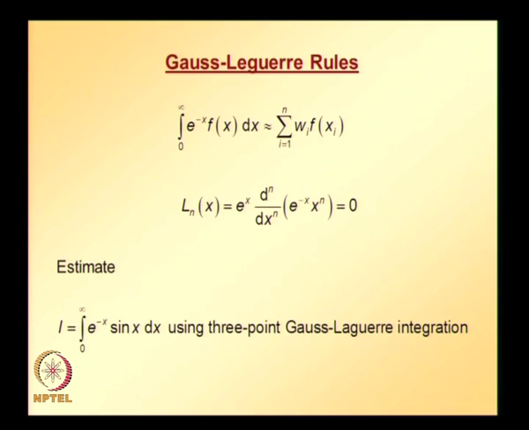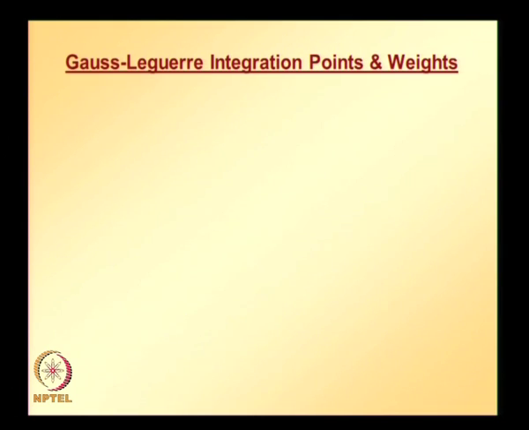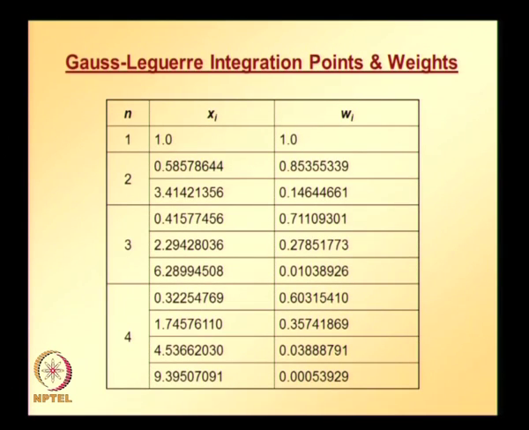So before we proceed in estimating this integral, let us look at the table. Depending on the number of points we require to use, we can select the corresponding locations of integration points and the corresponding weights from this table. In the problem statement, it is suggested to use 3 points.